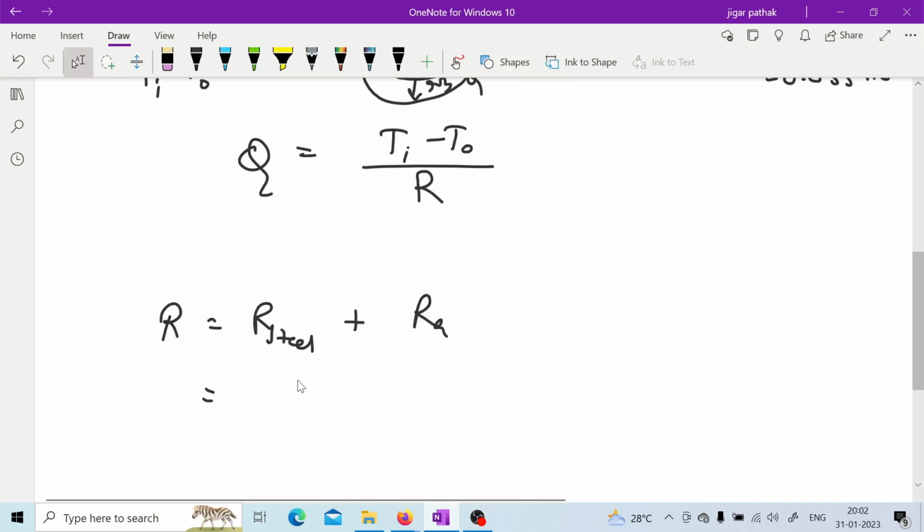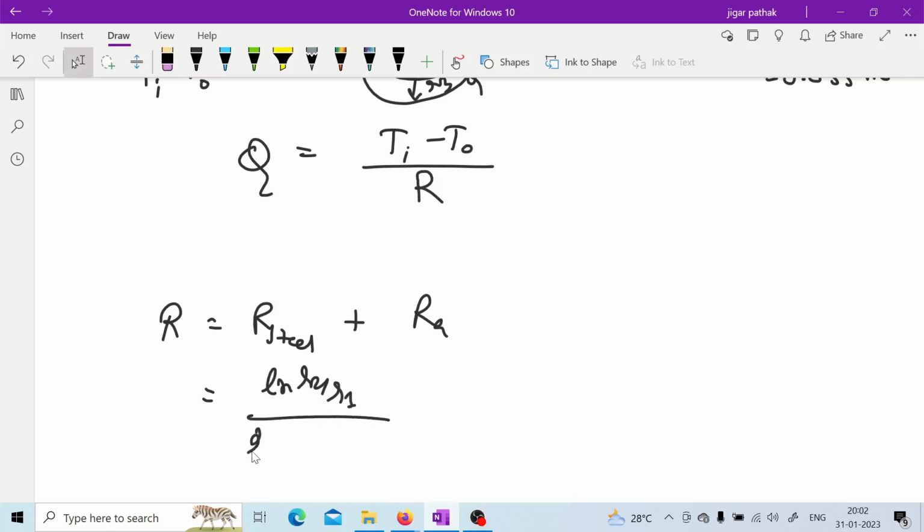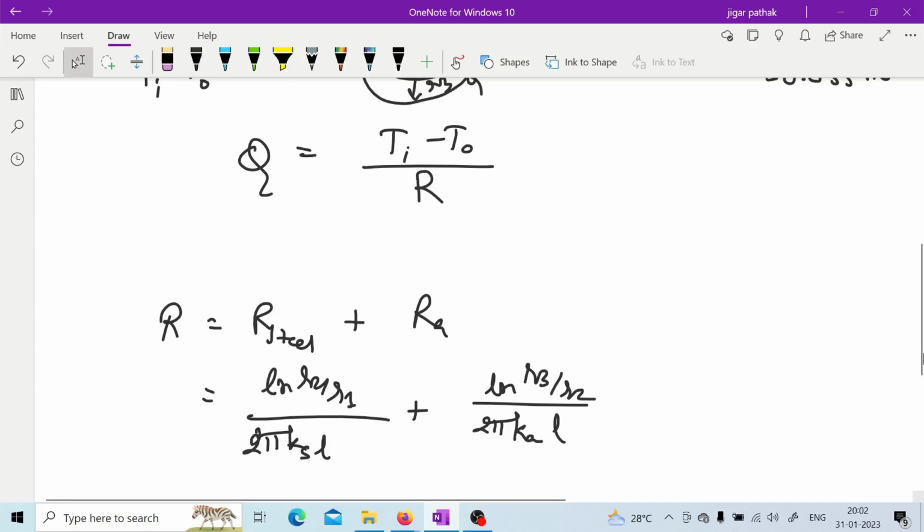As you know, in this cylindrical shape we have the resistance equation Ln R2 by R1 upon 2 pi KsL. Length is the same for steel and asbestos. And here it is Ln R3 by R2 upon 2 pi KaL. So L you can take common, and then it will go to the numerator, and then you can write Q by L directly, which is asked, the heat transfer per unit length.